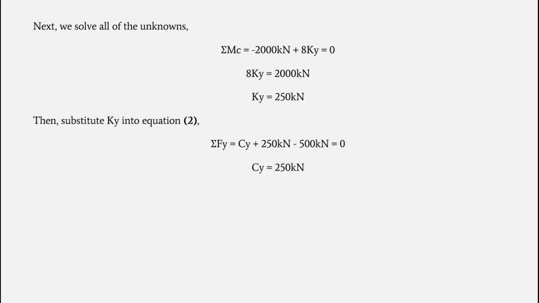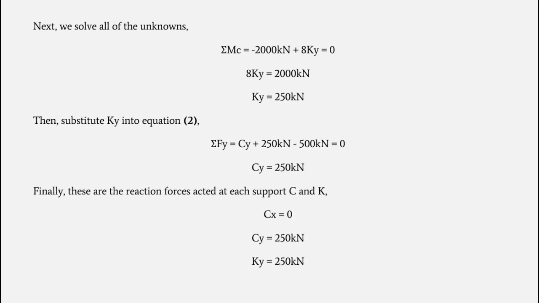Therefore, we get Cy equivalent to 250 kilonewton. Finally, we have found all of the unknowns based on the three equations: Cx is equivalent to 0, Cy is equivalent to 250 kilonewton, and Ky is equivalent to 250 kilonewton.